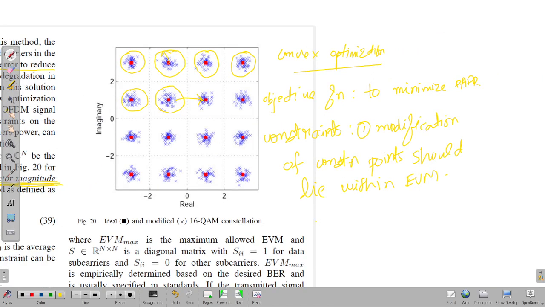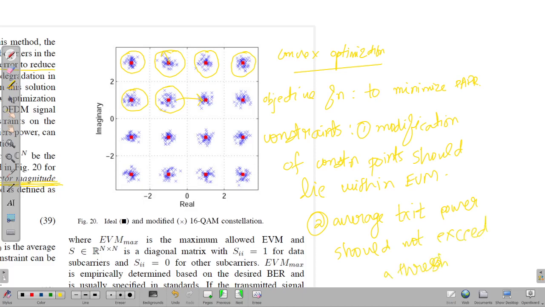And the second constraint is the average transmit power. It should not exceed a threshold value.